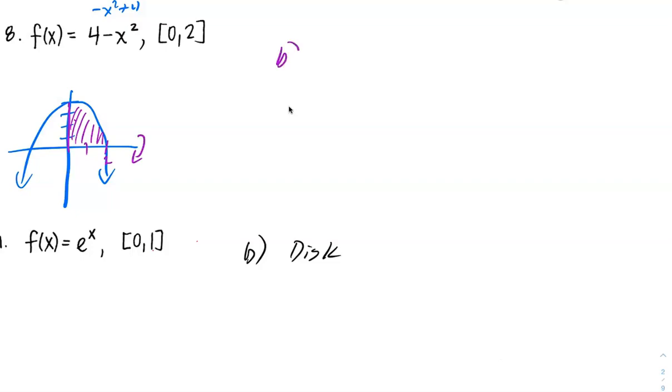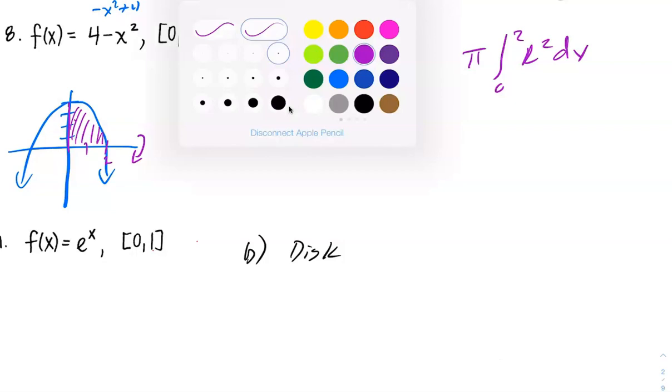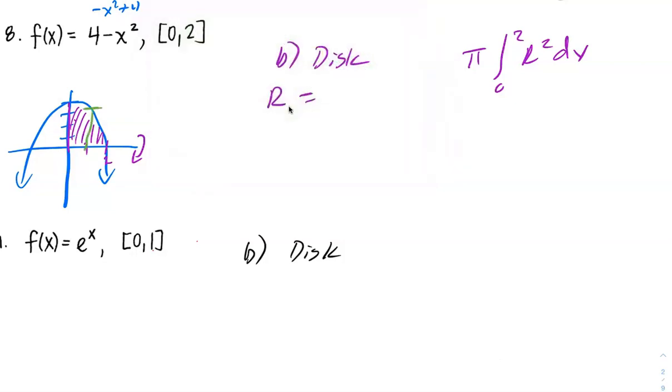So it's another disk method. We'll get to washer in a bit. So again, we're going to go pi integral from 0 to 2 of r squared dx. My r is from the top to what we rotate about. So 4 minus x squared minus 0, so just 4 minus x squared.